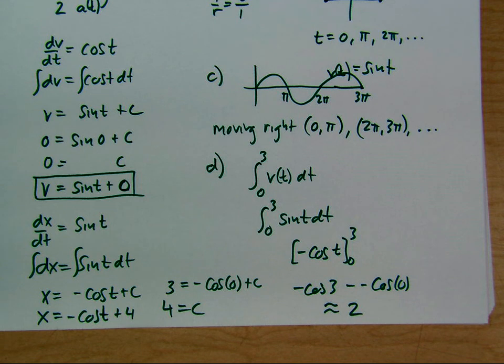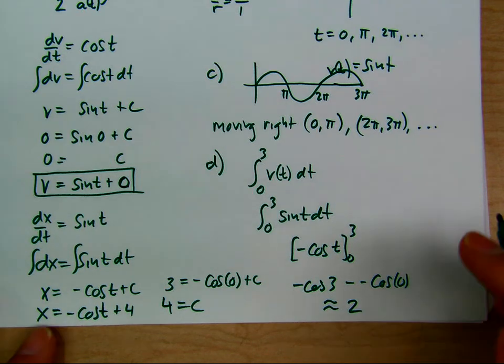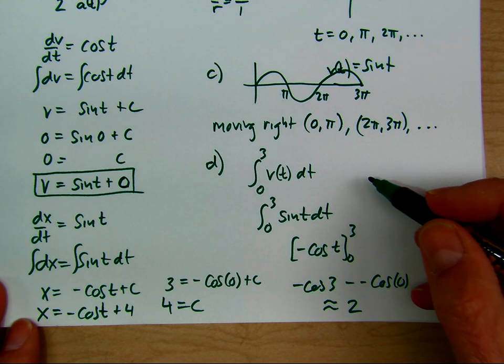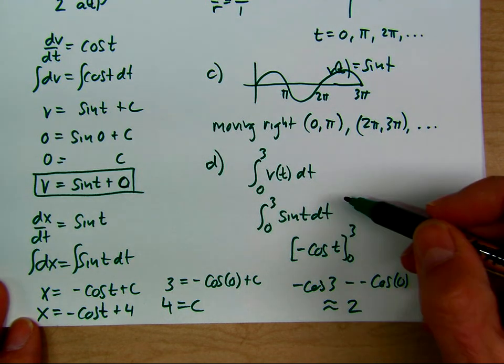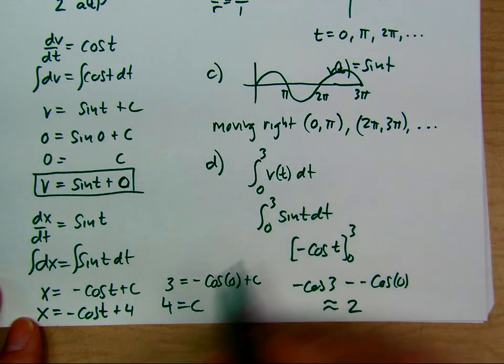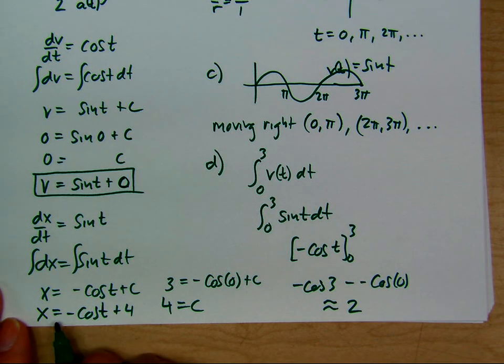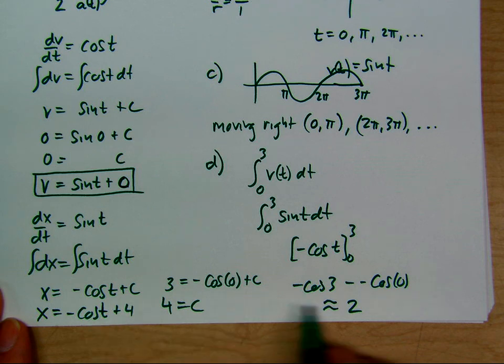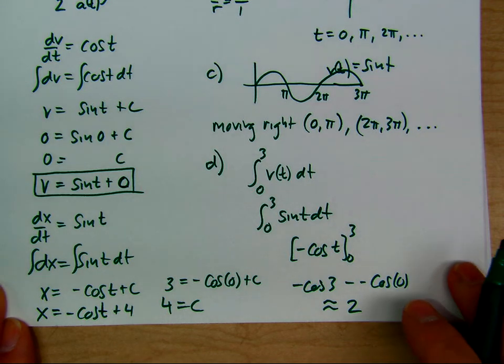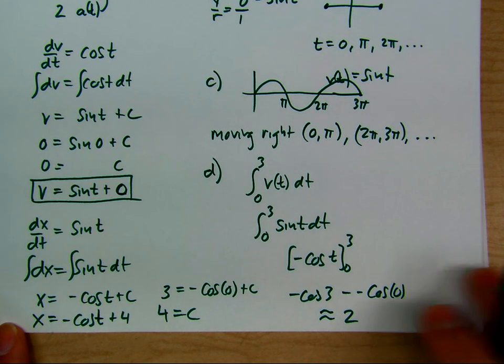All right, and the difference between, if it says distance traveled, we would use this. If it said position at t equals 3, we would use this. So this gives us a different answer if we wanted to know the position, because the position is the distance traveled plus the initial position. Let me just check that.